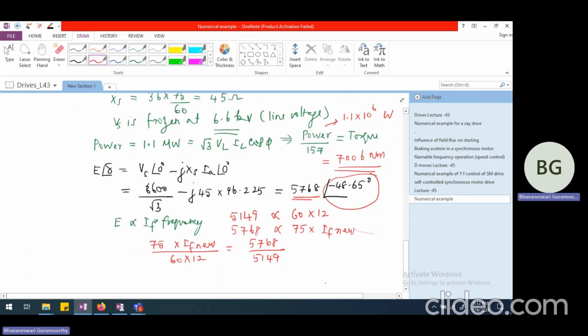From this we get IF new, which comes out to be 10.75 ampere.